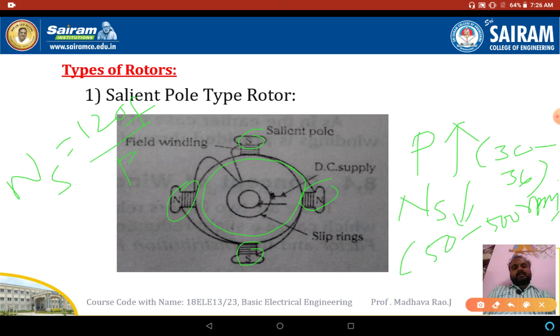This type of rotor is especially used for hydroelectric generators. Since it has a large number of poles, this type of rotor is suitable for hydroelectric generators, right?